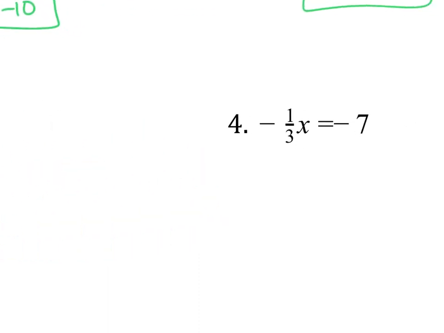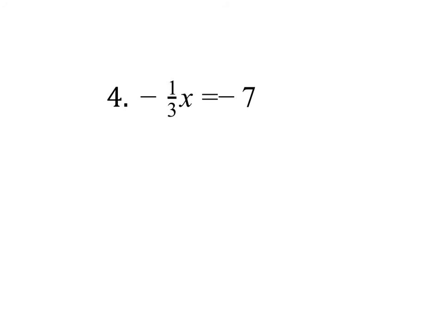Let's look at one more of those. In this case we have a negative, so whatever we multiply by is going to have to be negative. The reciprocal of 1/3 is going to be 3, so we have to multiply both sides times a negative 3 over 1, or just times a negative 3.